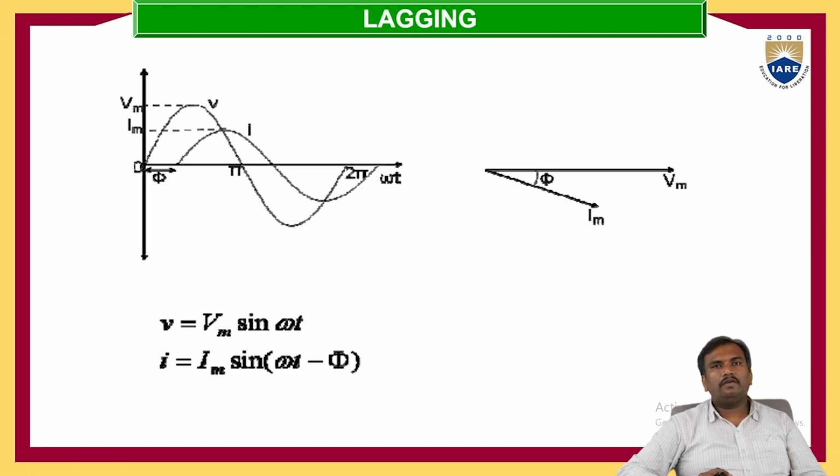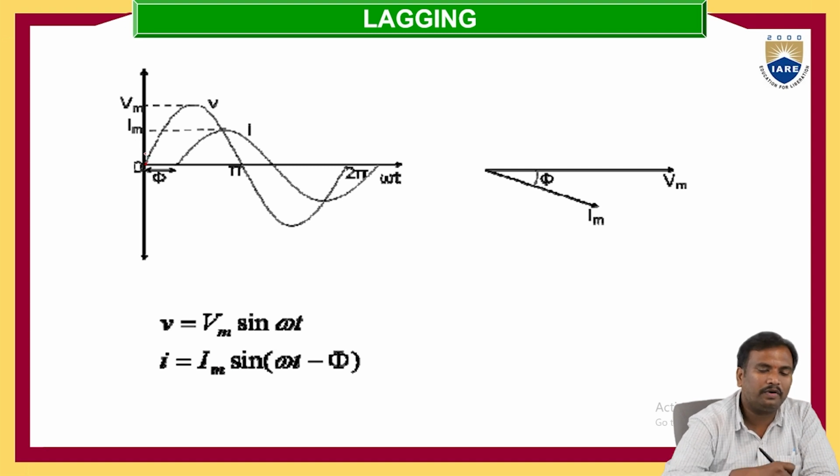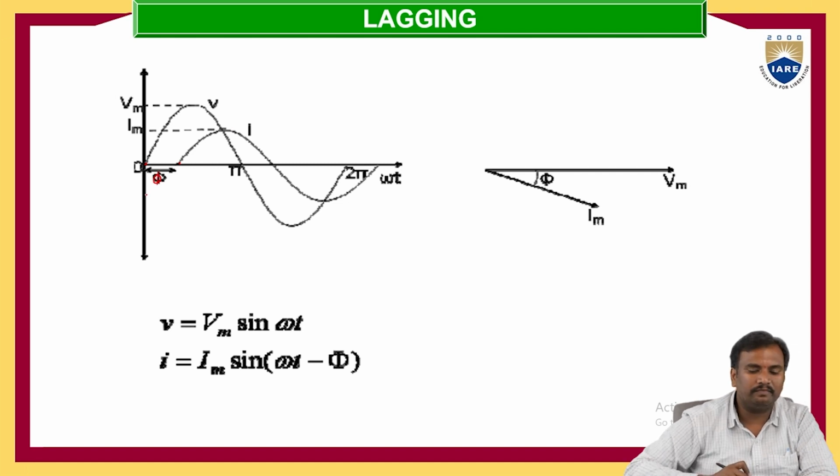Now we'll go with the second case, that is lagging. Here the voltage waveform is starting at the 0 point and the current waveform is starting after 0, with some 5 degrees delay.